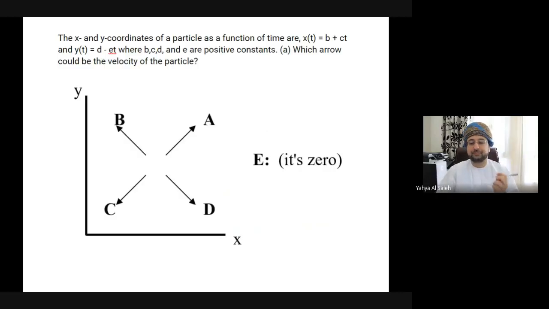Let's take a look. The x and y coordinates of a particle as a function of time are x of t equals d plus ct and y of t equals d minus et. B, C, D, E are all constants that are positive. Okay. Which arrow could be the velocity of the particle? A, B, C, D, or is it just 0?